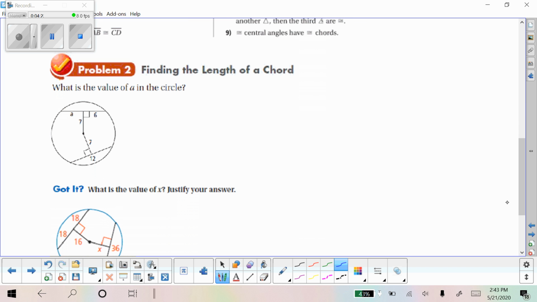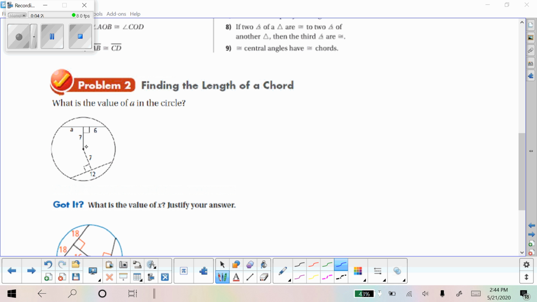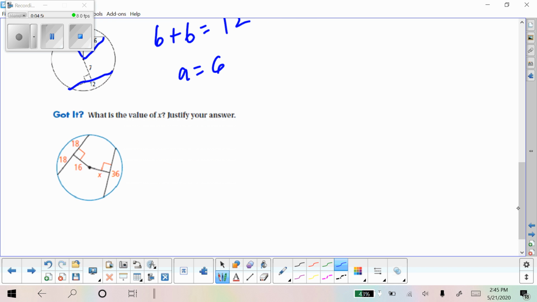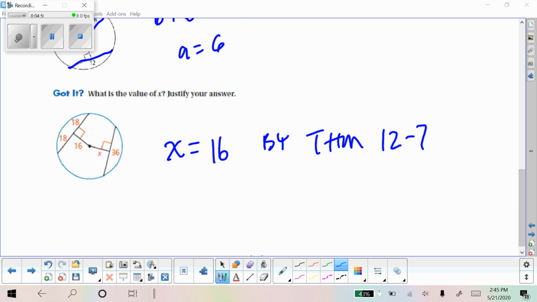So what that's telling us is that since those would be congruent triangles there, A must be the same as the other side, which is 6. And since these are equal in length, 6 plus 6 has to equal 12. So A is 6. All right. So what do you think the value of X is here?